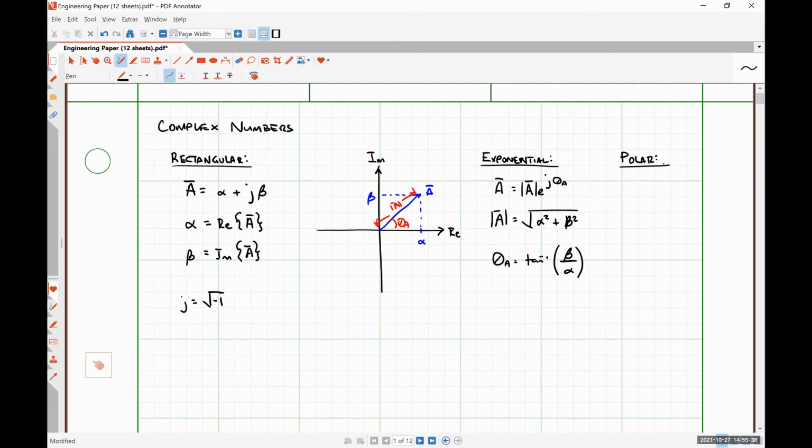So a polar form complex number A is the exact same thing as an exponential form complex number A, except that out of sheer laziness, we ignore the e to the j bit and just say that it's a magnitude with some particular phase angle, theta A. It carries literally the exact same information as the exponential form, but it's less work to write down, which is why it was invented.